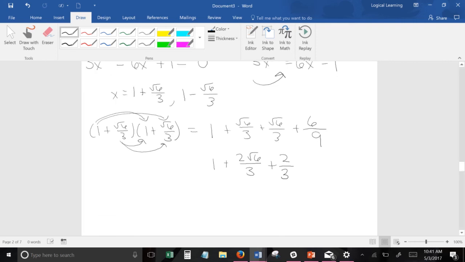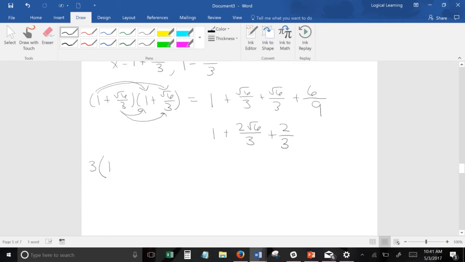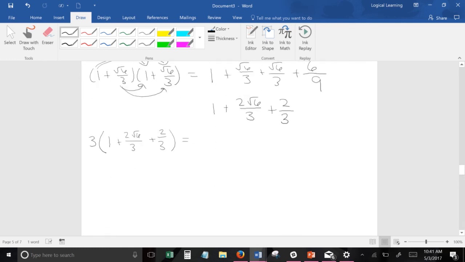So we have 3 times that quantity, which is 3 times 1 plus 2 root 6 over 3 plus 2 thirds, and we want to know if that's equal to 6x, so 6 times our x, which is just 1 plus root 6 over 3, minus 1.